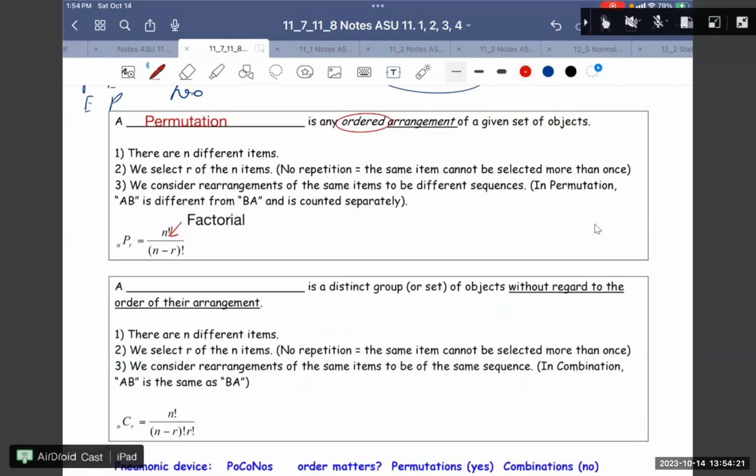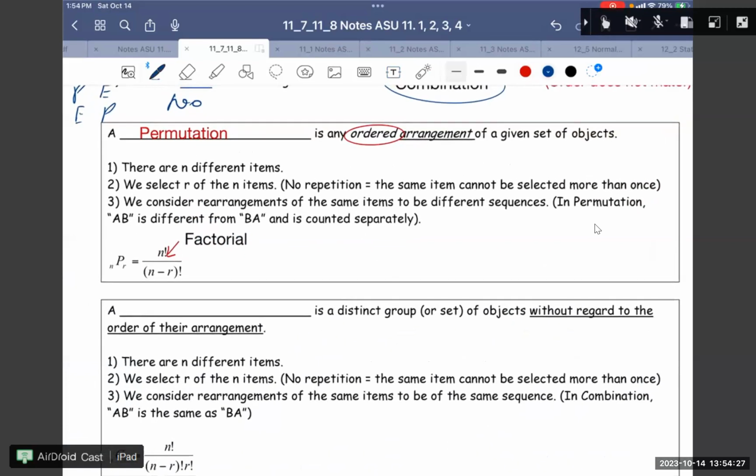Okay, factorial. For this example, the top one, we have P of 40 and pick out two. So this one is 40 factorial over 40 minus 2 factorial, or we can say 40 factorial over 38 factorial.